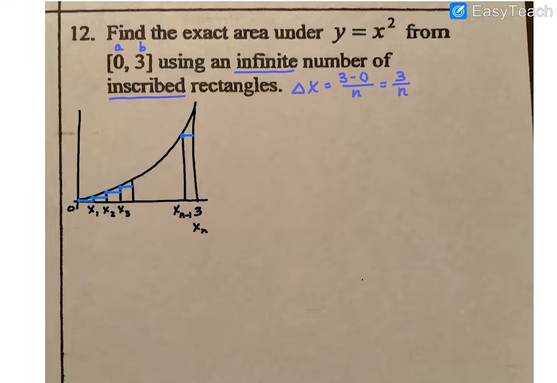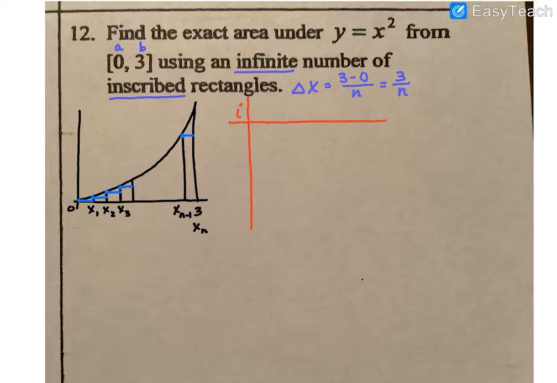Now, I'm going to set up the chart. And if you recall, my chart, when I set it up, has 3 columns. The first column is i, which represents which intervals I'm going to use. So you need to go back and look at where the dots were.